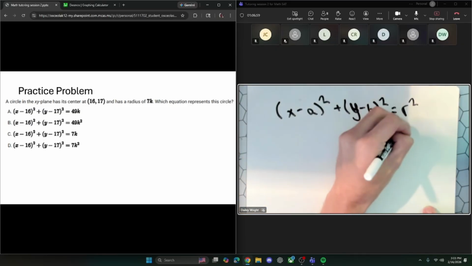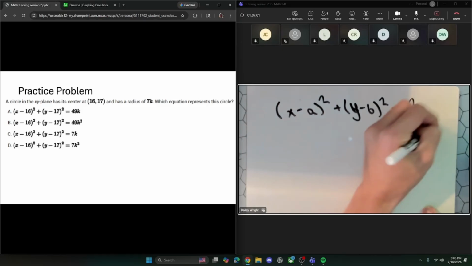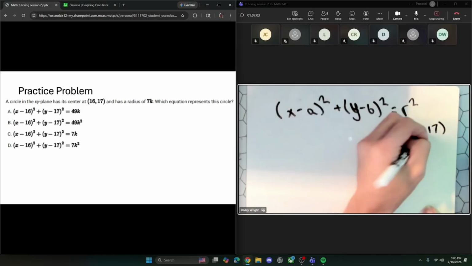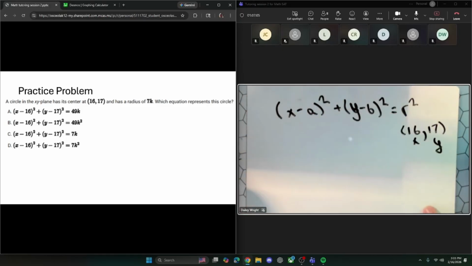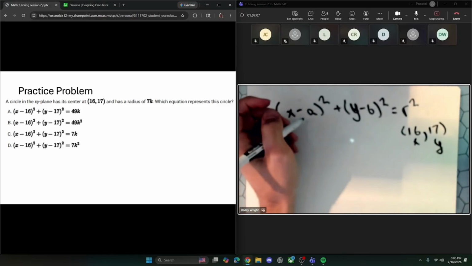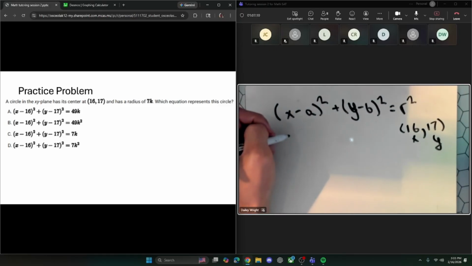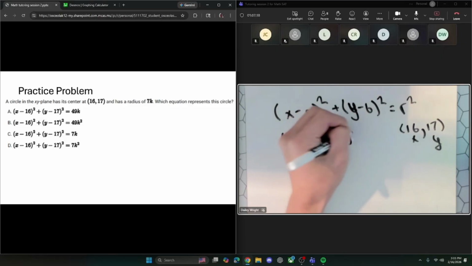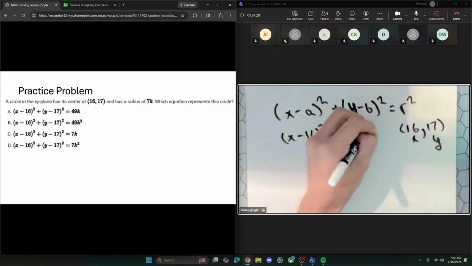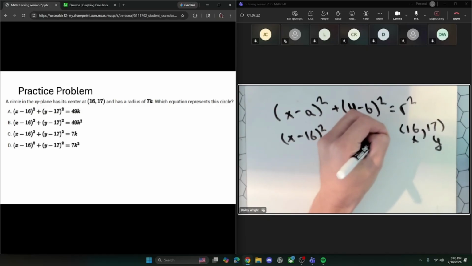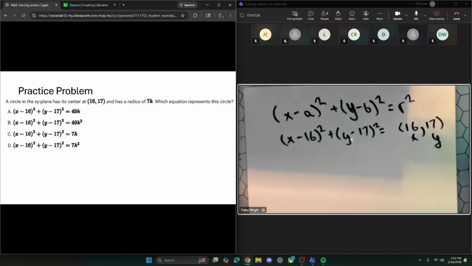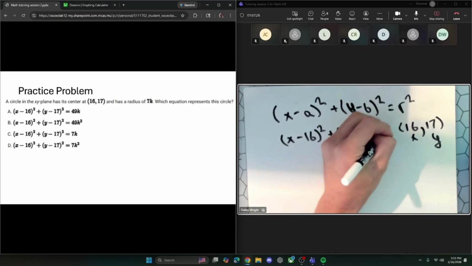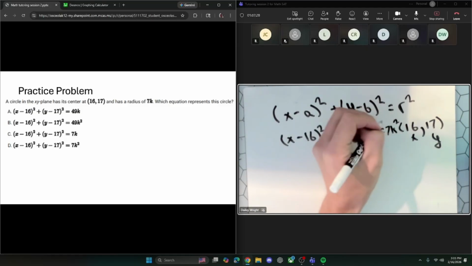It's given that our center is 16, 17. This is our x value, this is our y value. So a is your x value, so you would plug in 16 for a: x minus 16 squared plus y minus 17 squared equals, and it gives us our radius. It says radius is 7k, so it'd be 7k squared.